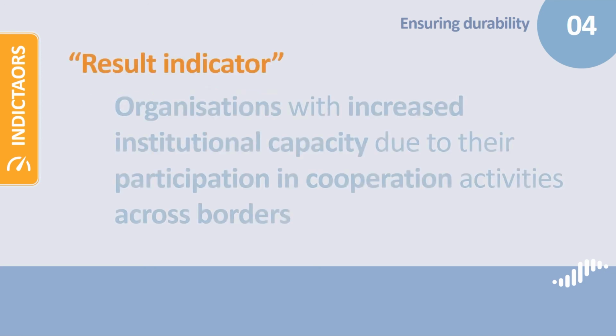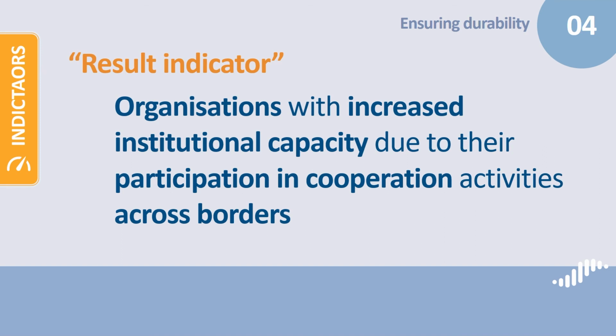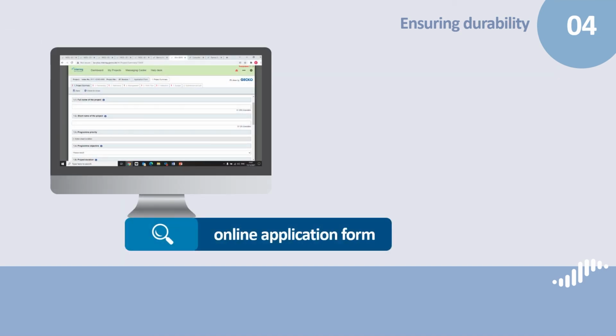Result indicator, organizations with increased institutional capacity due to their participation in cooperation activities across borders. This indicator counts the project partners, associated organizations, and any organization outside the partnership that actively participated in cooperation activities of a project. In your online application form, you will find a guidance on the way indicators are calculated.